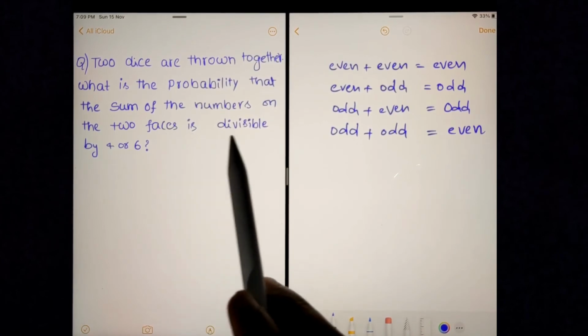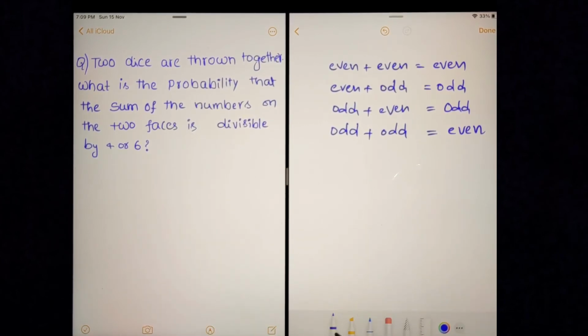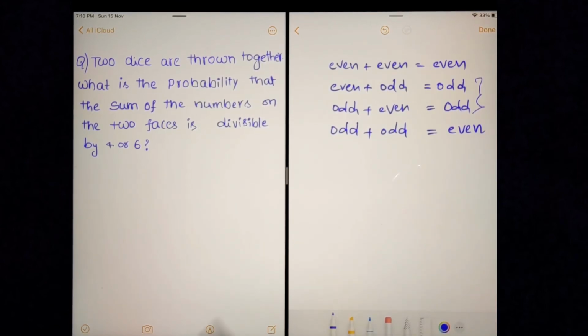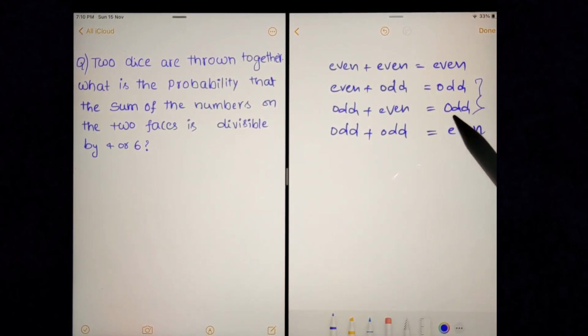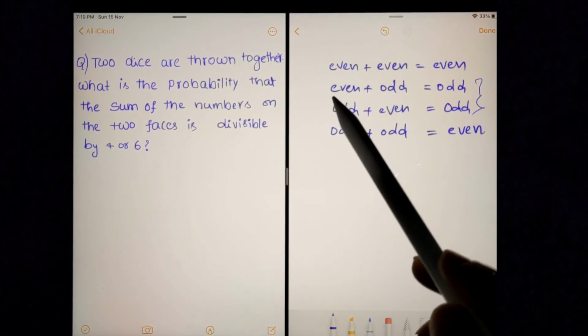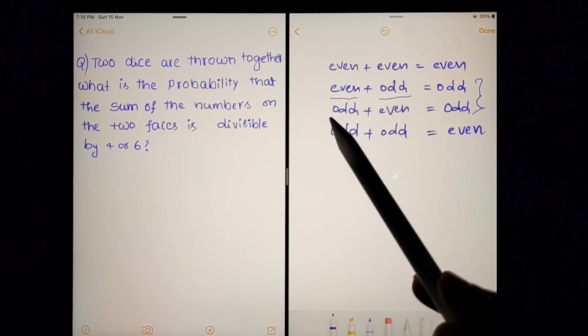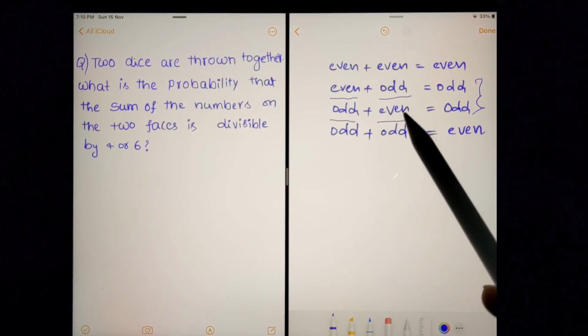And we are pretty sure that odd numbers cannot be divided by either 4 or 6. So we can eliminate these two cases. When one of the numbers is even, then the second number cannot be odd. When one of the numbers is odd, the second number cannot be even.